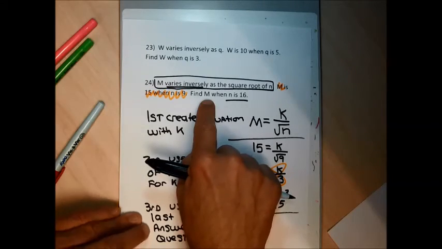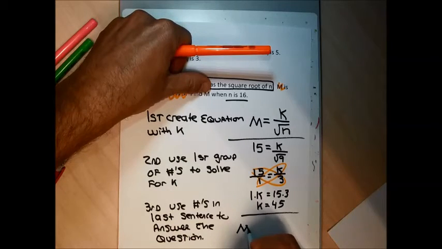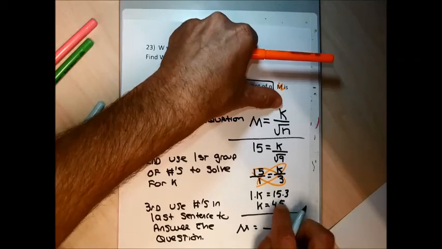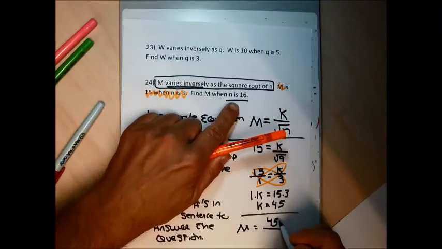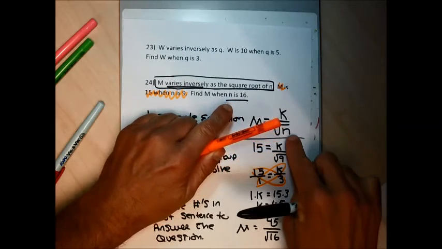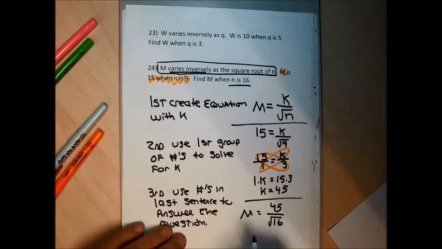I need to find m, so I'm going to leave the m in the equation as an m. In my equation for k, I'm going to plug 45 because I figured out for this problem k is equal to 45. And then for n, I'm going to put the number 16, and that n has to be under a radical sign because in the problem n's written under a radical.